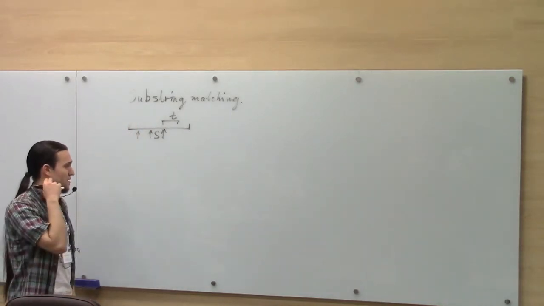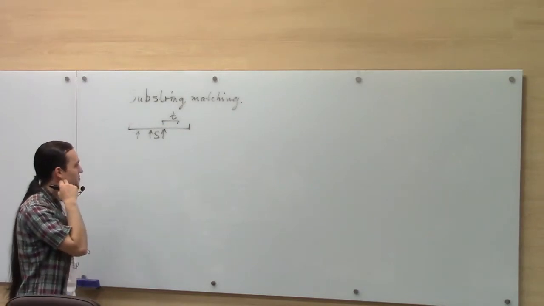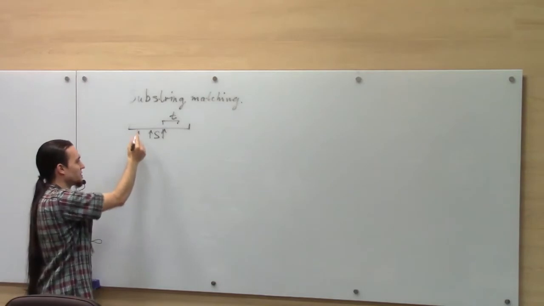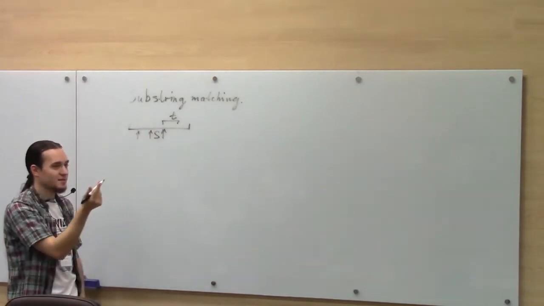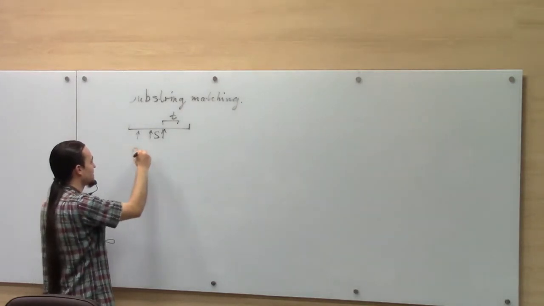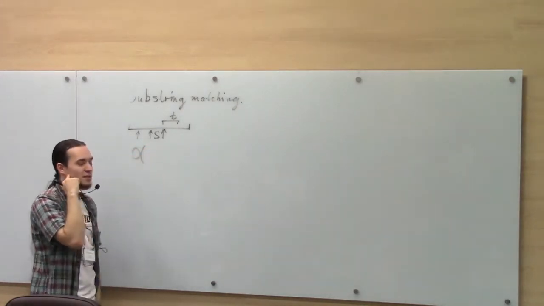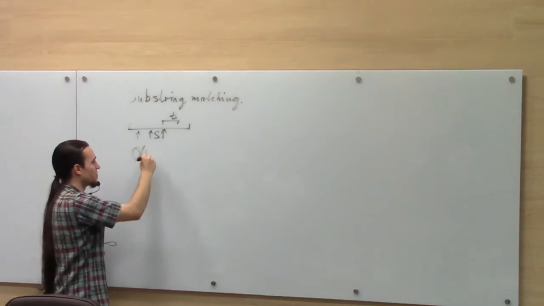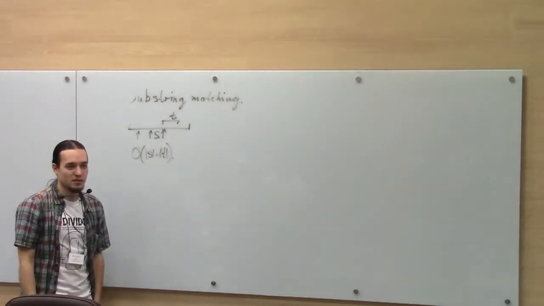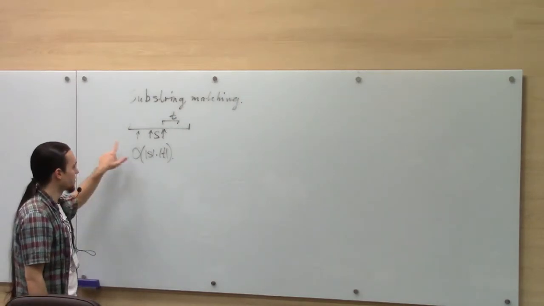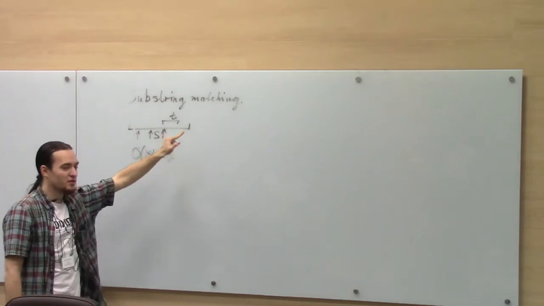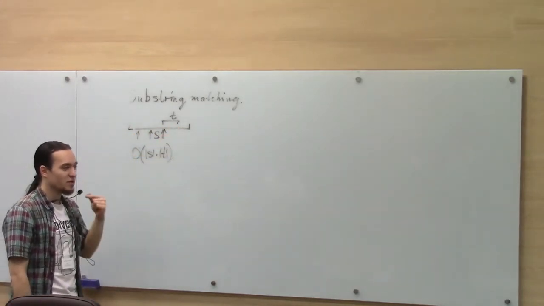The trivial algorithm to do that would be naive matching. We try all possible positions and start reading, and see if it matches. Not very interesting. The complexity is proportional to the product of the lengths, because in the worst case, for every position, we could go until the end of the template, and then maybe it fails.